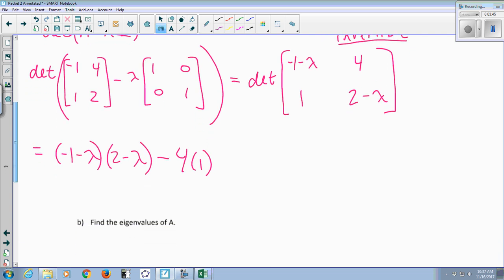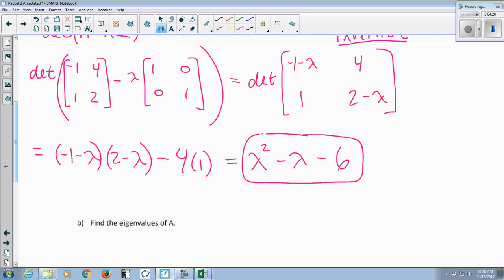You could leave it like that, but typically you write polynomials in multiplied out form. So I'm just going to multiply and combine like terms here. I have lambda squared, and then 2 lambda minus... no, plus 2 lambda is 3 lambda, minus 2 lambda is minus lambda, and then I have -2 minus 4 is -6.